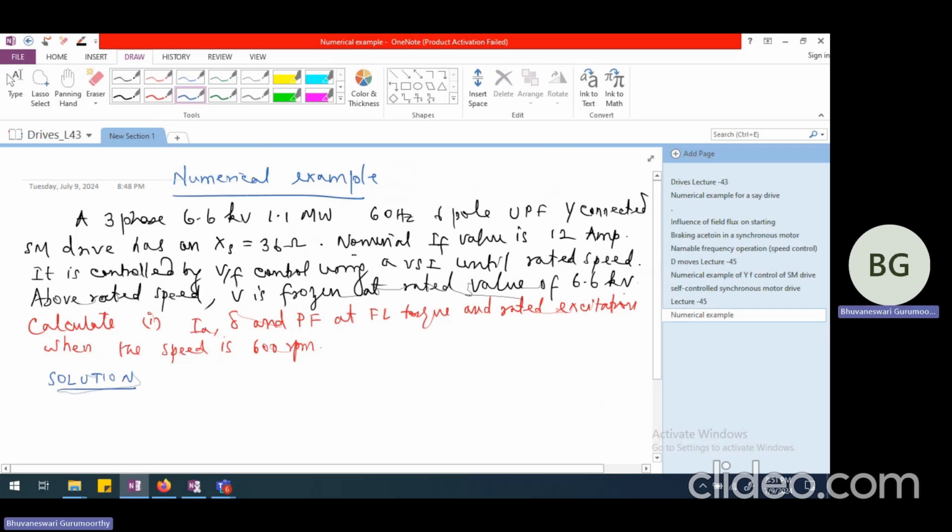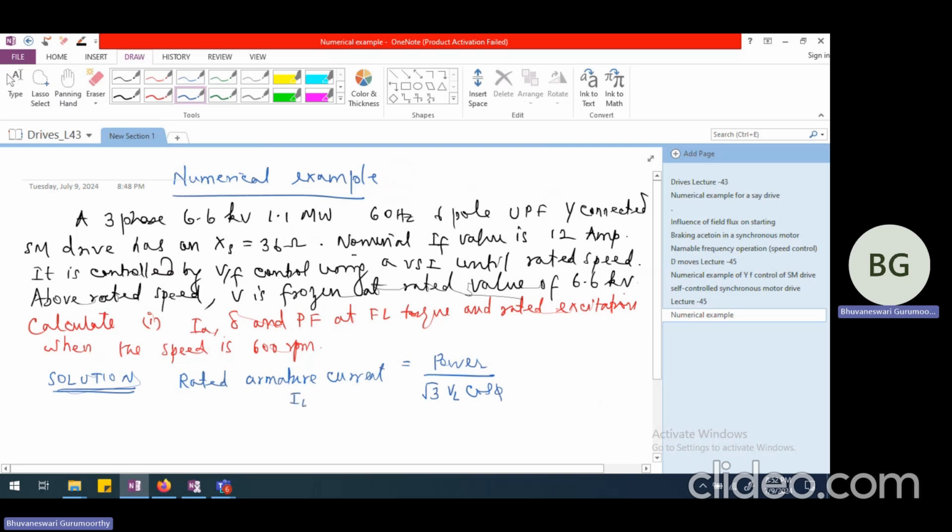So the first thing we want to calculate is the rated armature current. That is going to be the power divided by root 3 VL cos phi. So we are essentially using the expression power equal to root 3 VL IL cos phi. So we are actually looking at IL.